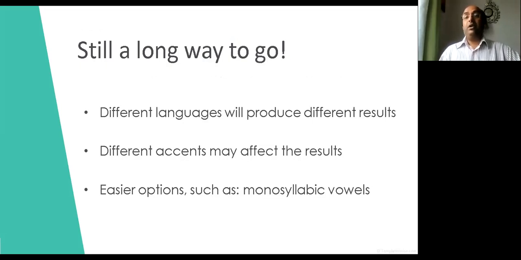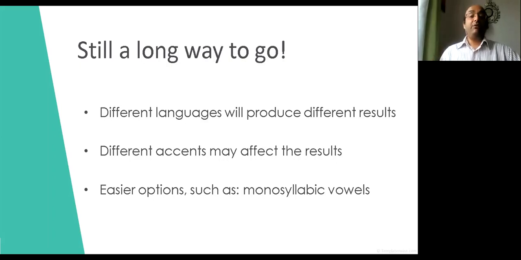For example, we're talking about speech, and different languages will produce different results. Myself, I'm an Asian guy, I'm from Bangladesh, and I tend to speak faster. People in other parts tend to speak maybe slower. And also the breathing up and down, if I speak in my own language, is quite different.